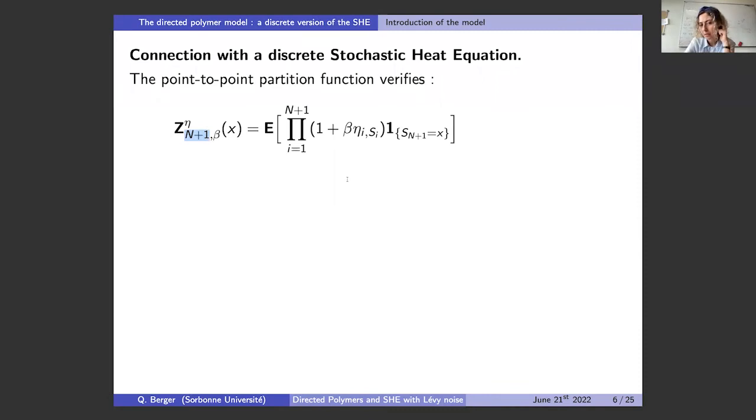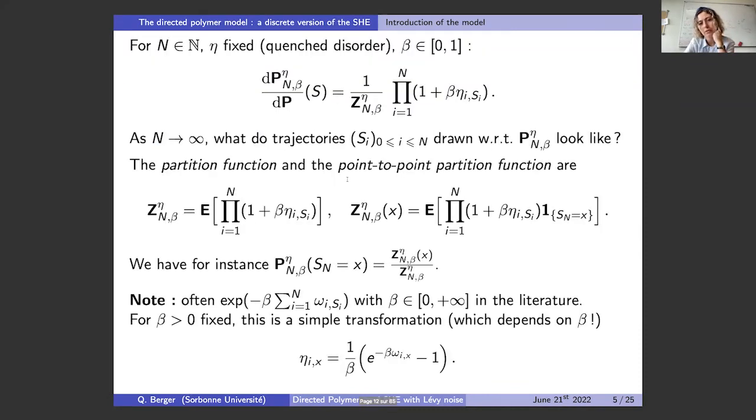May I ask something? Yes. Beta corresponds to 1 over temperature, or? Yeah, here beta corresponds to 1 over temperature in the exponential form. And in the product form, it's a bit more complicated, but it's roughly related to the inverse temperature.